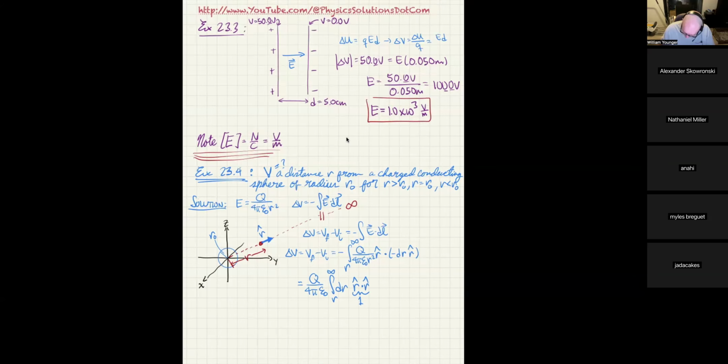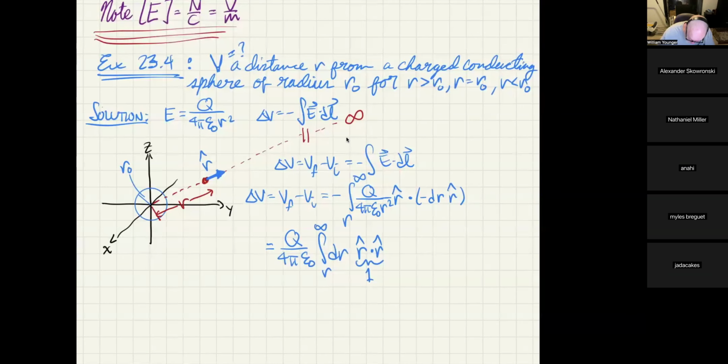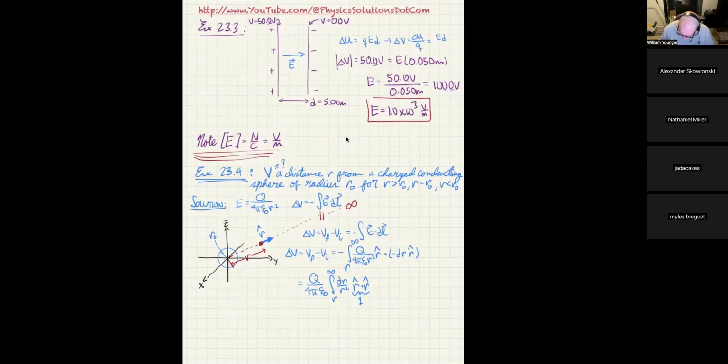Now we can integrate, oops, I left off something too. Notice I did write the dr, but I forgot to include the r squared under it. So let me fix that. I'm glad I noticed it before we went further on. So what I have is the integral of r to the negative 2. And the integral of r to the negative 2 is negative 1 times r to the negative 1.